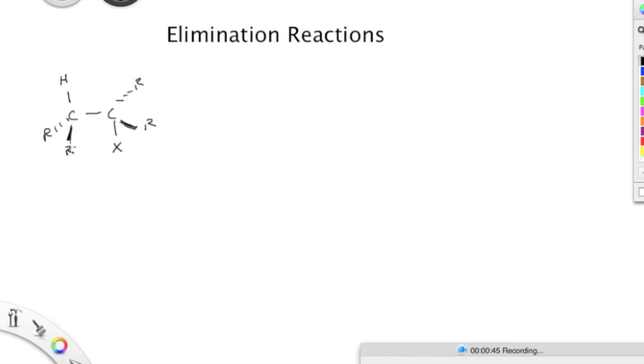And so what we're going to see happen is we're going to treat this with some base that I'm going to denote here with B minus, and the base is going to pick up this hydrogen. The electrons are going to move between these two carbons here, kicking out your leaving group, which would be in this case X minus. And so what you can see is that this happens all in one single step. Now we have our double bond, and we have our R groups that are out there.